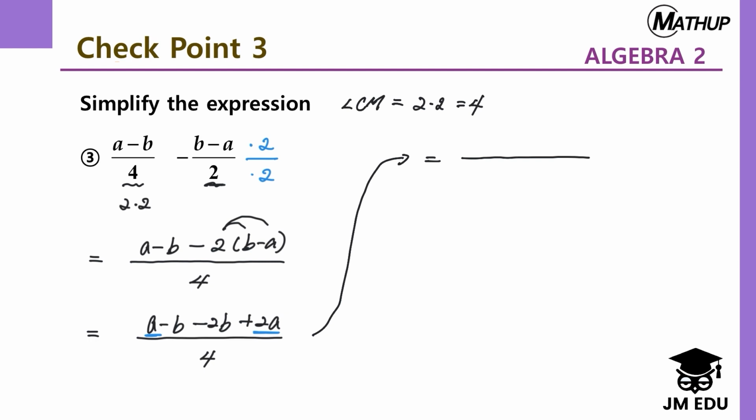So 1a plus 2a, that's going to be 3a. For b, we have minus b, minus 2b, minus 1 minus 2, that's minus 3, right? So that's minus 3b over 4.